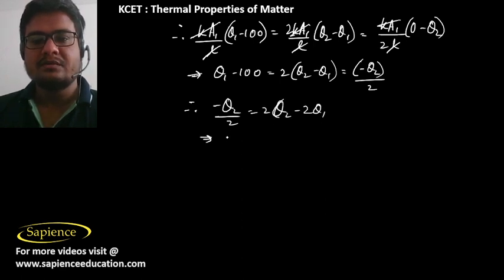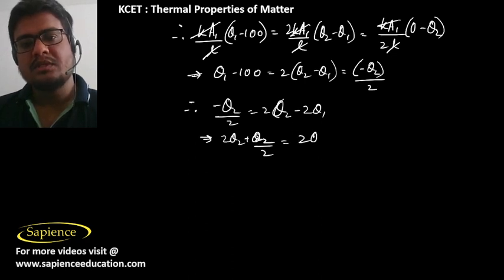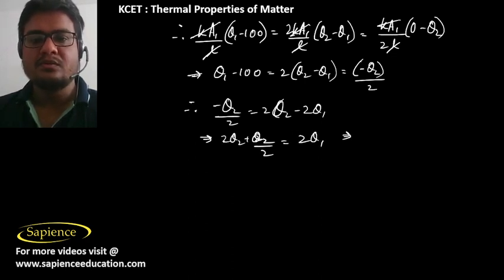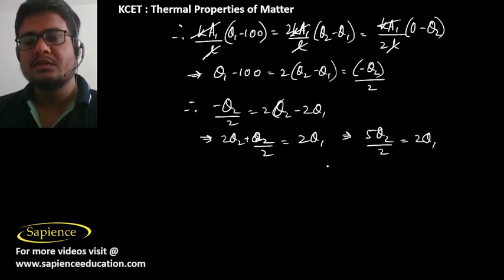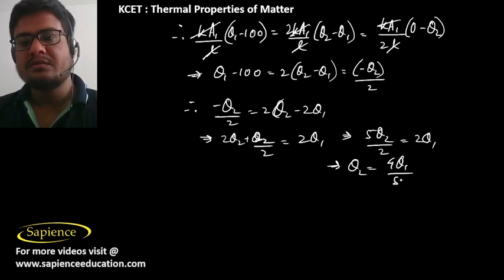So 2 theta 2 plus theta 2 by 2 is equal to 2 theta 1. So 4 plus 1, 5 theta 2 by 2 equals 2 theta 1. Therefore theta 2 will be equal to 4 theta 1 by 5.